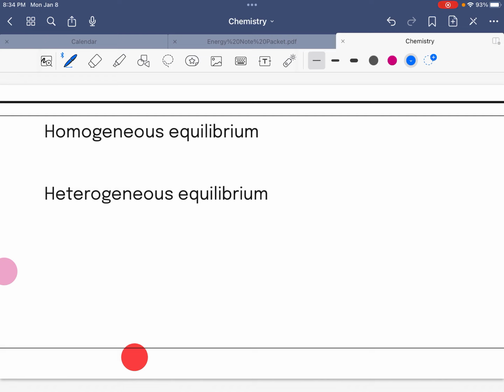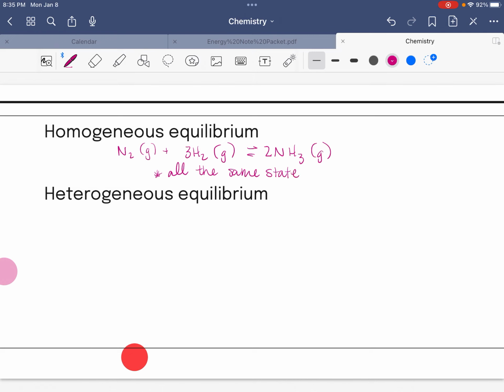Okay, so we can have two different types of equilibrium: homogeneous equilibrium or heterogeneous equilibrium. For homogeneous equilibrium, like the example we just had, N2 gas plus 3H2 gas yields 2NH3 gas, all the species are in the same state.